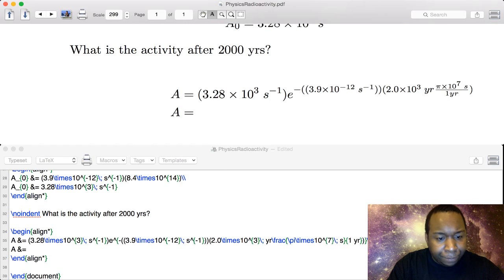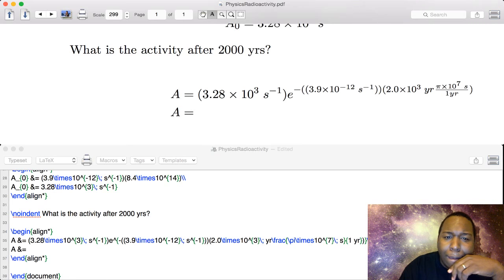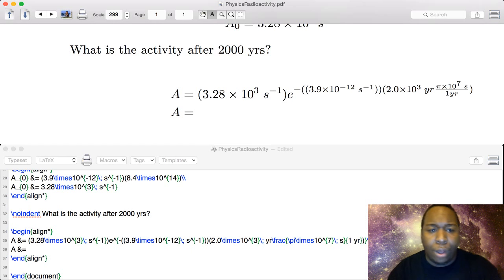All right. Times, and let me go ahead and throw in this 10 raised to the negative 12 power. How is it doing that? Okay, so I'm getting 1.